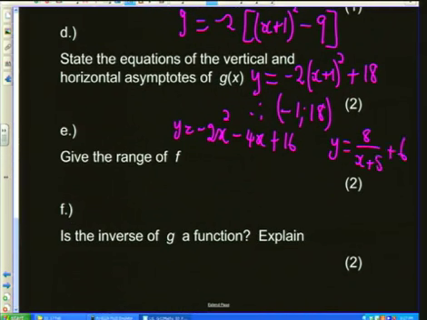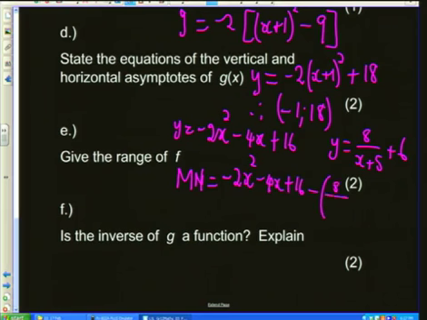Now, we need to subtract the hyperbola from the parabola to get your MN. So therefore, the distance MN will be minus 2x squared minus 4x plus 16 minus, don't forget to put a bracket, 8 divided by (x plus 5) plus 6.